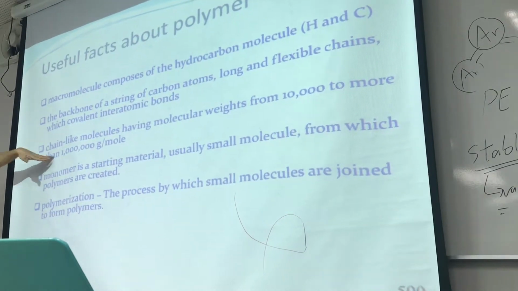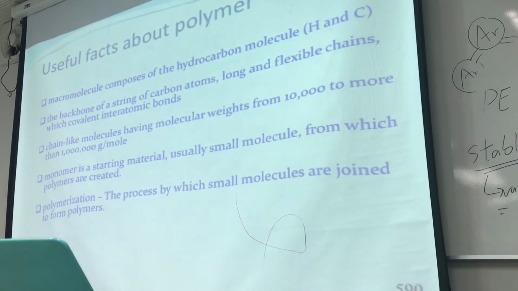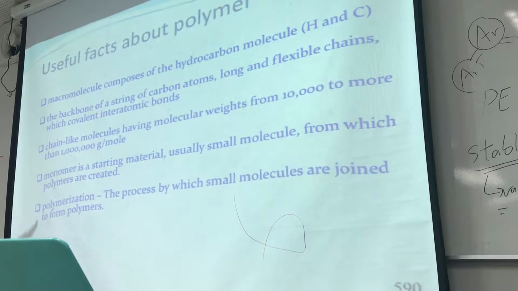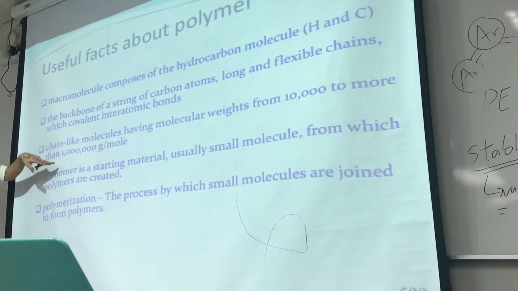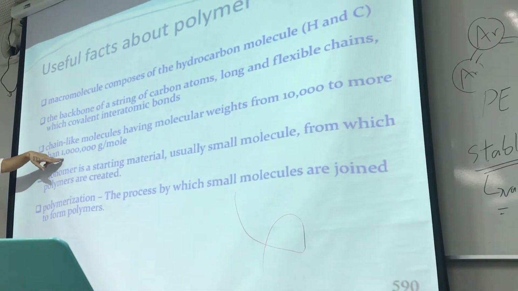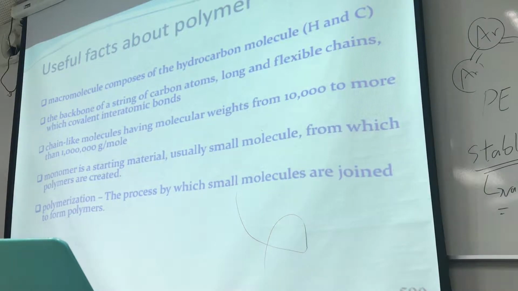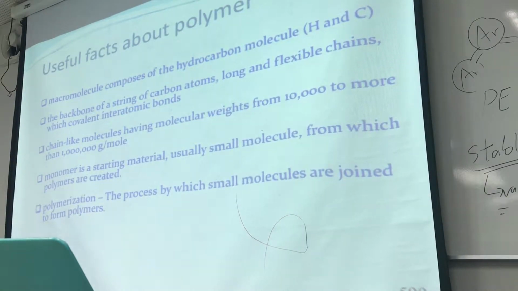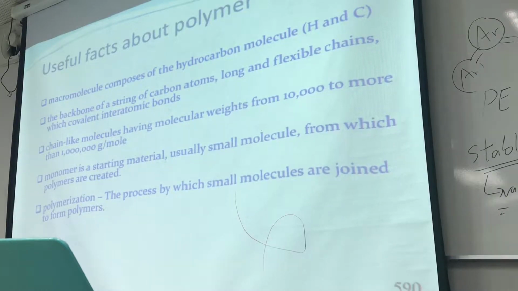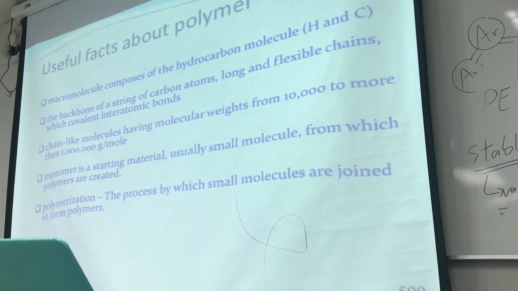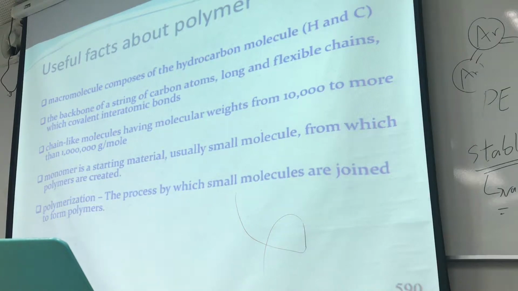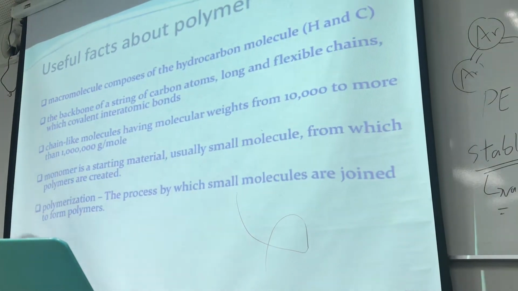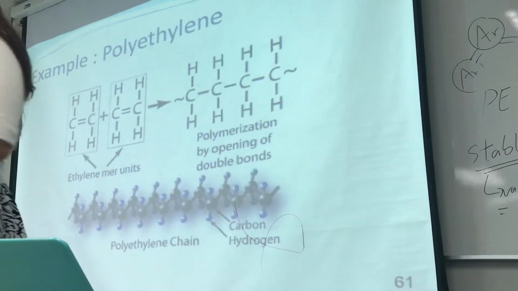It looks like a chain, and it can be a big chain with a molecular weight like 1,000,000 grams per mole. See that? And the starting material is called monomer. When we put monomers together, we have the process called polymerization. You see that? This is what we already learned.